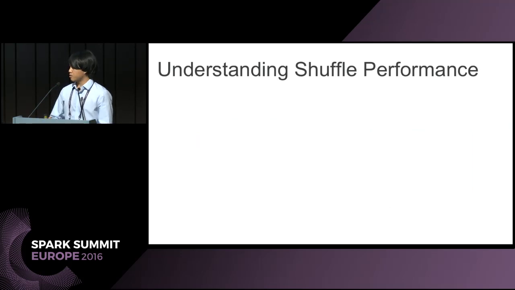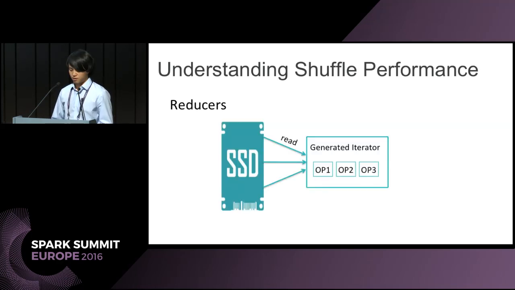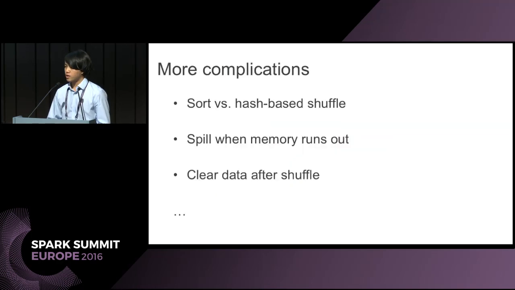The reducer side is similar, but in reverse fashion, where we read the data from the disk and then run those operations, and it might output the final result, or it goes to another stage. Of course, I'm providing a very simplistic model here. There's more complication.